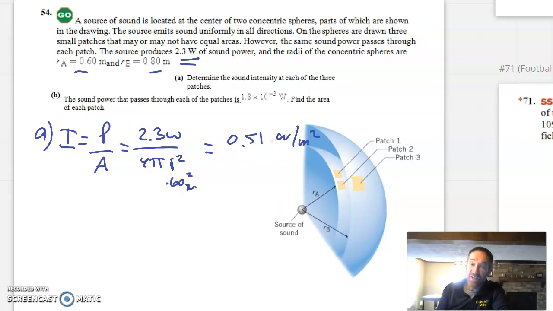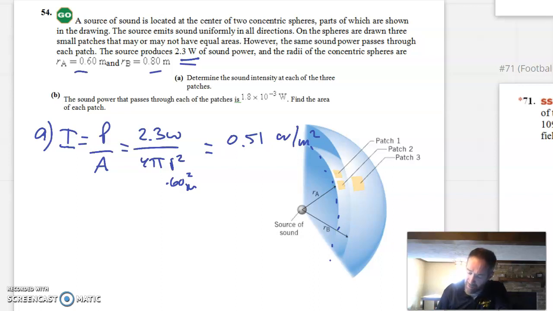Now, that's a representative number of everywhere on this sphere. They're only showing the cross section of it there, but every spot on that sphere. If you mark off a square meter on that sphere, you'll be marking off a place that has 0.51 joules per second going through it. If you mark off a smaller amount, then it's going to be only a fraction of 0.51 watts or joules per second.